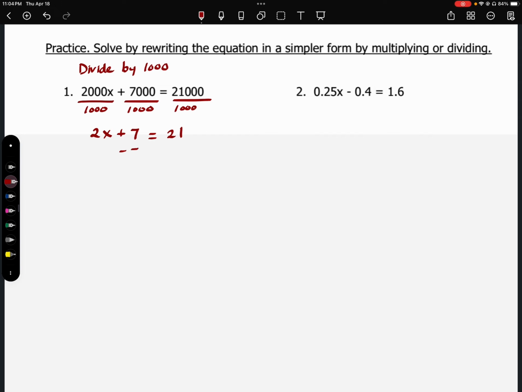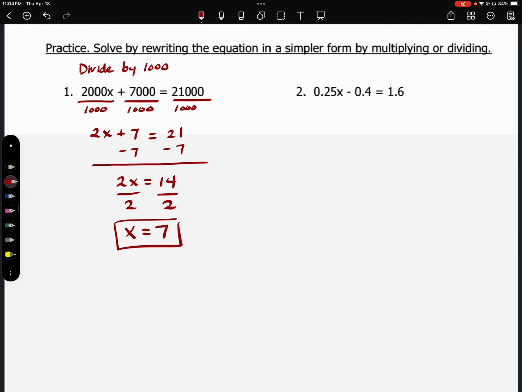So this looks way easier to solve. Let's just go ahead and finish it. Subtract our 7, and we've got 2x is equal to 14. Divide by 2. x is equal to 7. And again, I know you know how to check them.